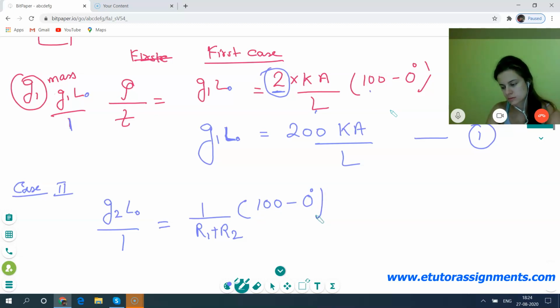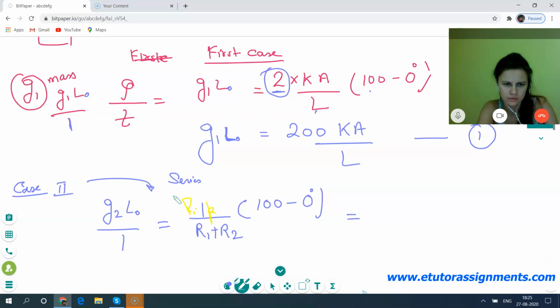Are you agreed with this? But 1 divided by R is equal to 1 by R1 plus 1 by R2; that is for parallel. We are writing this formula for series. Is it not supposed to be R1 multiplied by R2? That is for parallel.